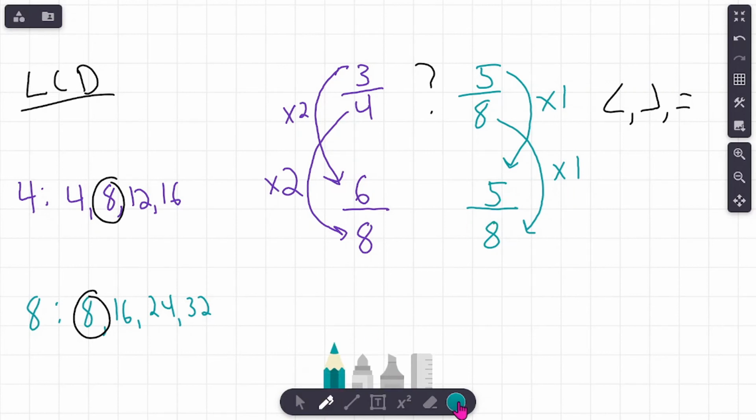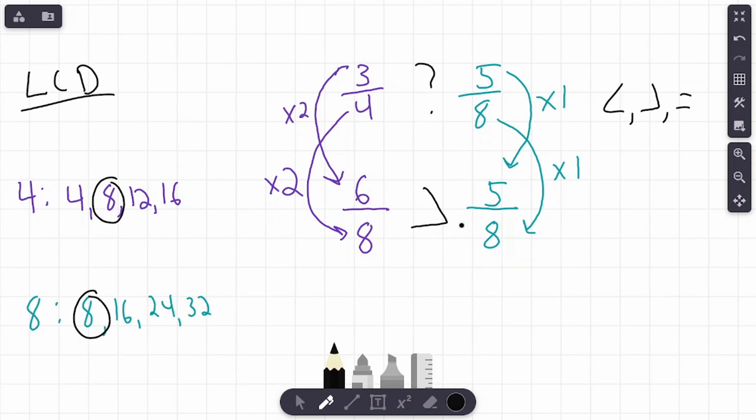That tells us right there that we can compare them. We can compare these two fractions because now they're the same sized pieces. And so if I ask you which comparison symbol goes here, which one is it? It's going to be the greater than symbol. 6/8 is greater than 5/8.